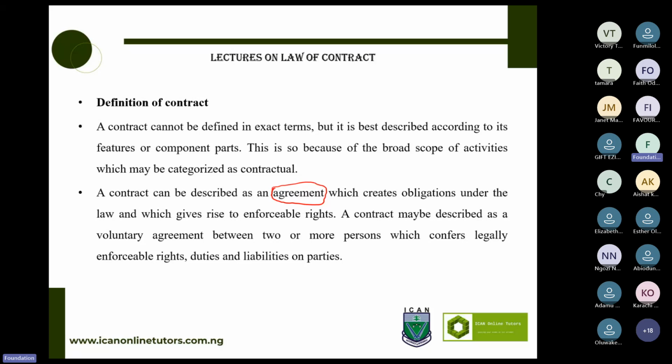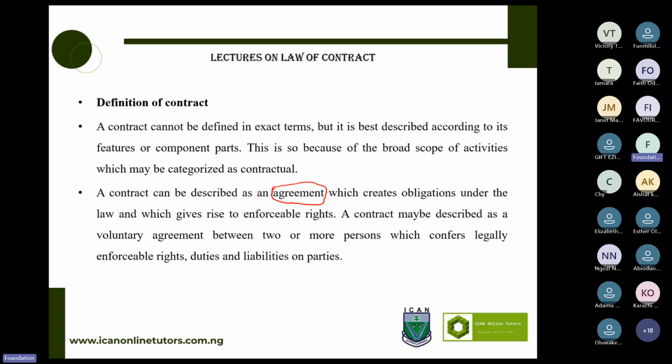So what differentiates contract from agreement is that there's an additional push for it to have a legal backing. So why is the agreement having a legal backing? So that if there is a breach of that agreement, the aggrieved party can sue and get some remedy from the court.